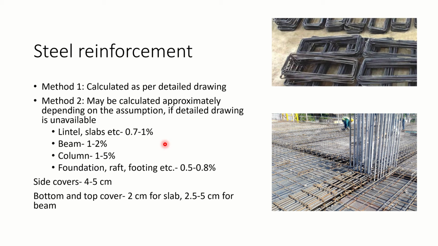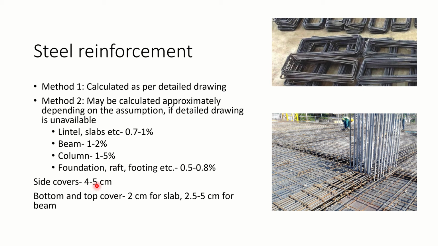Then by using the density of steel, you have to convert it to the weight of steel that would be used for that particular type of building component. Okay, these are approximate ranges you have to assume in exam depending on the type of structure. You can assume any value within this range, but it needs to be properly mentioned what you are assuming.